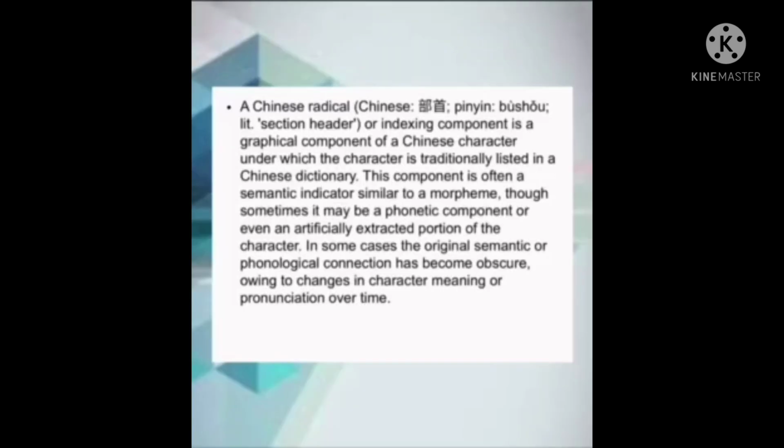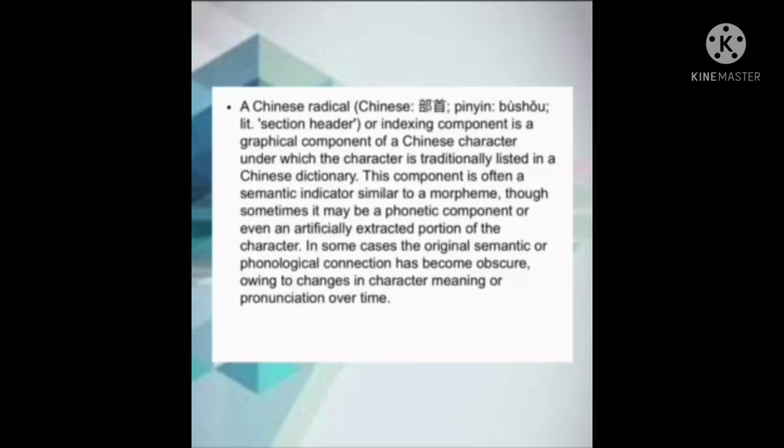A Chinese radical, also called a section header or indexing component, is a graphical component of a Chinese character under which the character is traditionally listed in a Chinese dictionary.